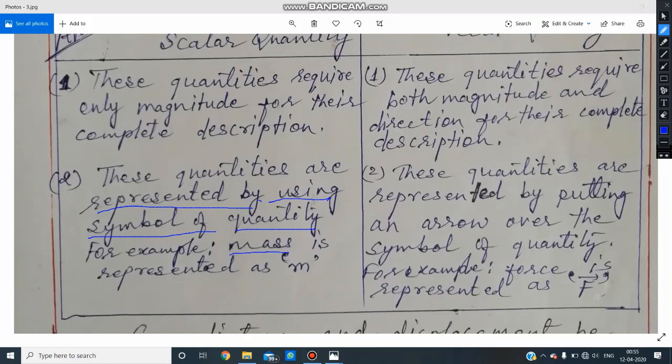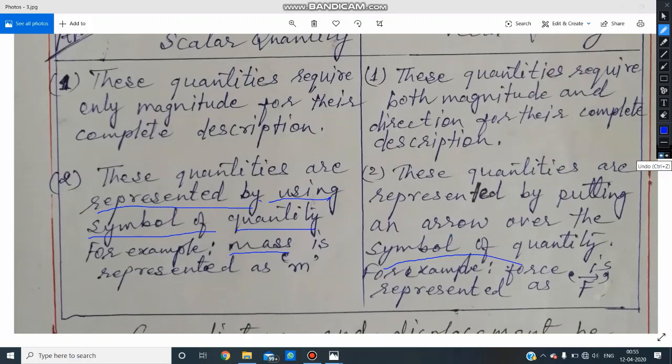So to represent mass, you use small m, which is the symbol of the quantity. On the other hand, for representing vector quantities, we use the symbol of the quantity and we put an arrow over this symbol. For example, we know force is a vector quantity. To represent force, we use its symbol capital F and we put an arrow over it. So it represents the quantity force.